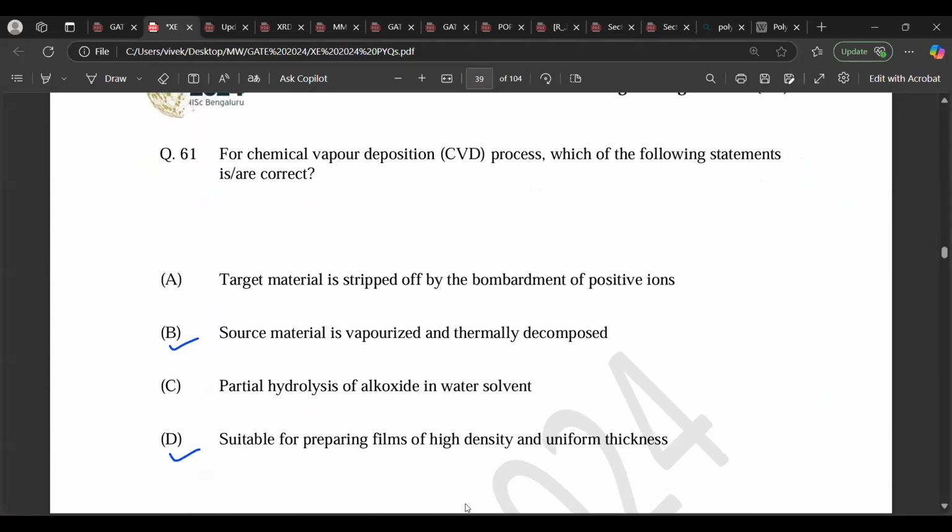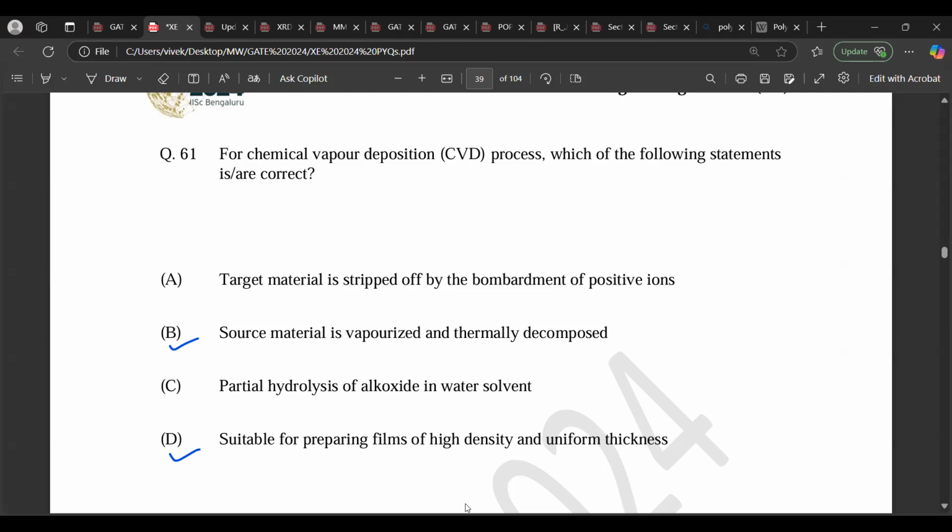If you have simply read my notes given in your test series notes that I've given in the drive, or if you're my regular student, then you have complete notes on this crystal growth or thin film deposition. If you simply opened those notes, you would have found all these options. It's so simple.